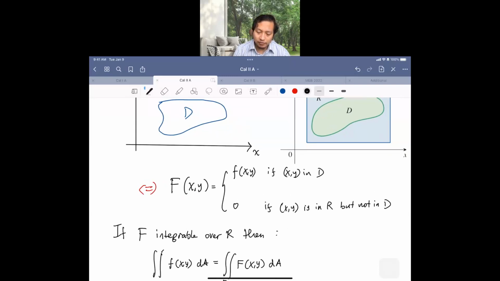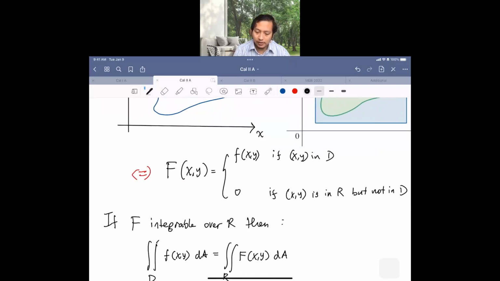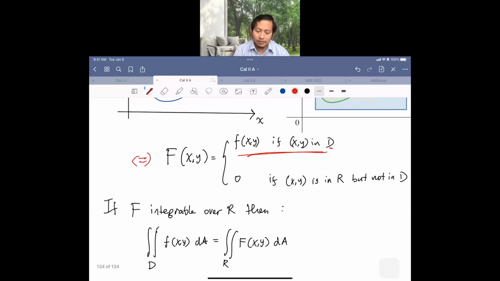If we want to calculate just this small f in D, then we can look at a more general function, that is, the capital F.